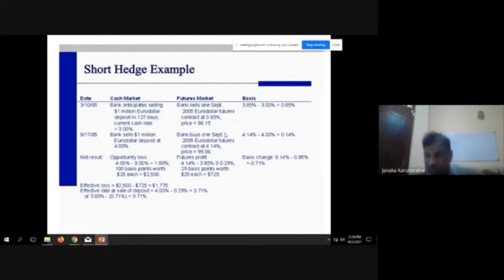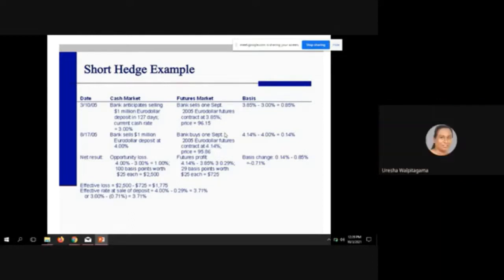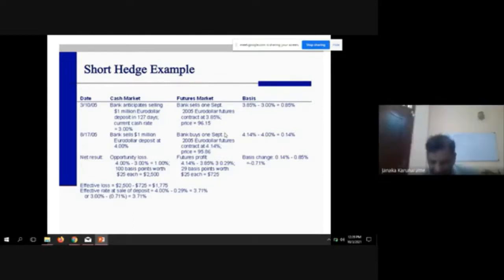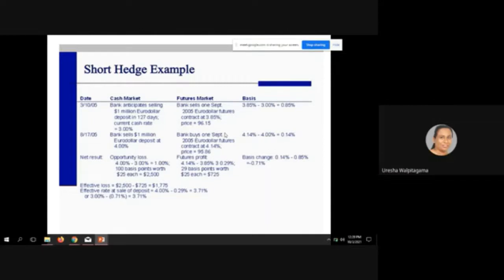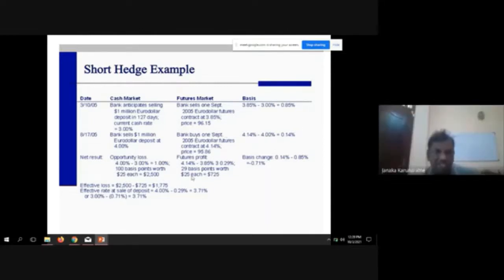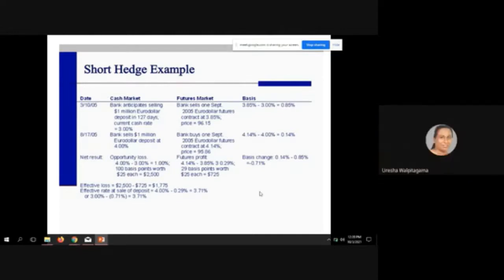We didn't hedge. So what would be the loss to you from the rising interest rate? 2,500. This is the loss. But now what is the loss? 1,775. That is net of 725.